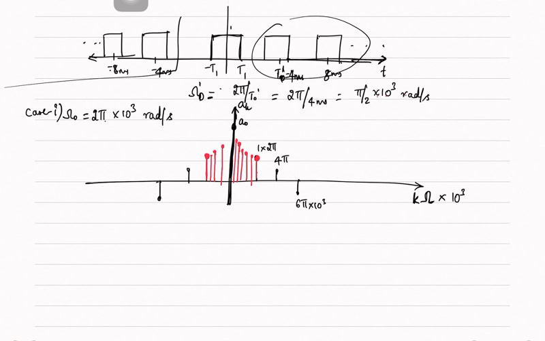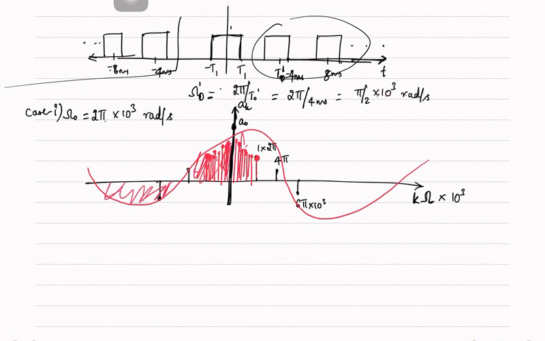If I go on increasing it further and further, this discrete set of coefficients will go on becoming continuous. Ultimately, instead of getting a line spectrum, you have an infinite number of frequency components, which are filled here.